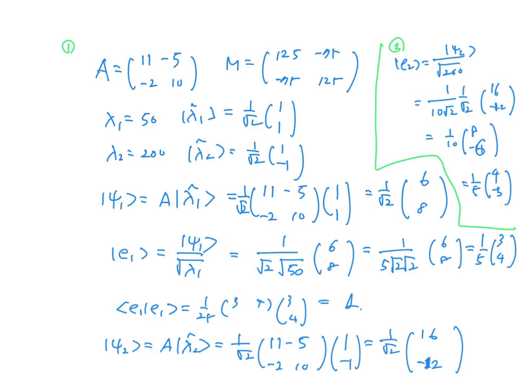So let's check whether this E2 is 1. This is 3. E2 is 1 over 25. 25 is equal to 1, right? They are normalized.